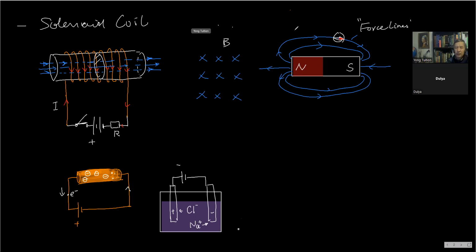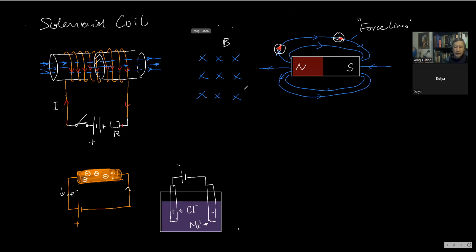For example, if you put the compass over here, the needle will point in that direction, which is always along the tangential direction. That's a tiny compass. So the magnetic force always makes the needle move so that it becomes parallel to the line at each point.